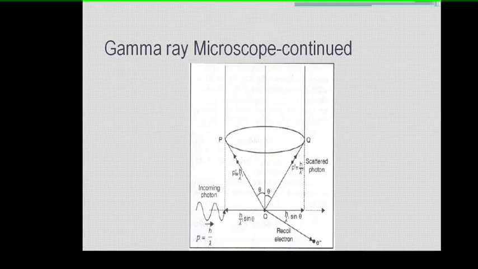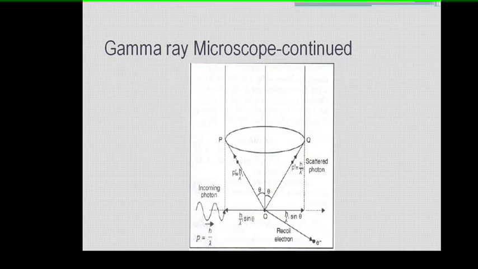In this process, the frequency and wavelength of the scattered photon are changed, and the electron suffers a Compton recoil due to gain of momentum.